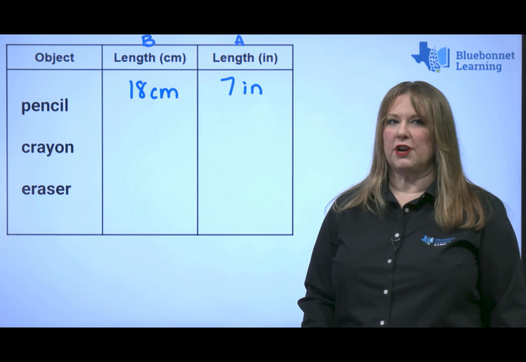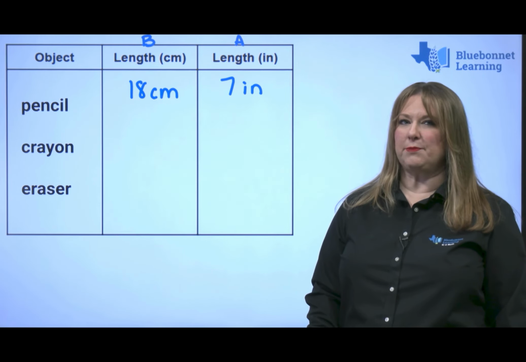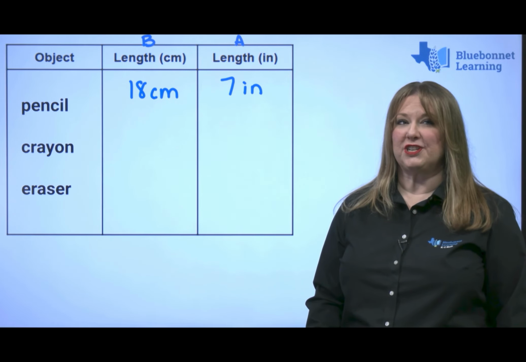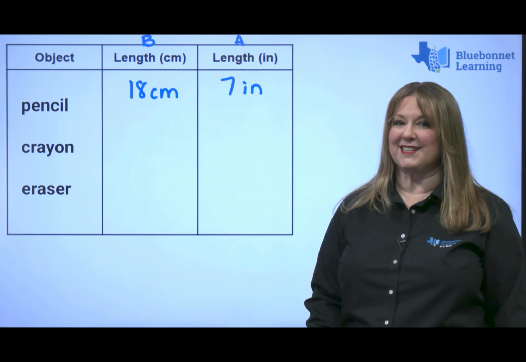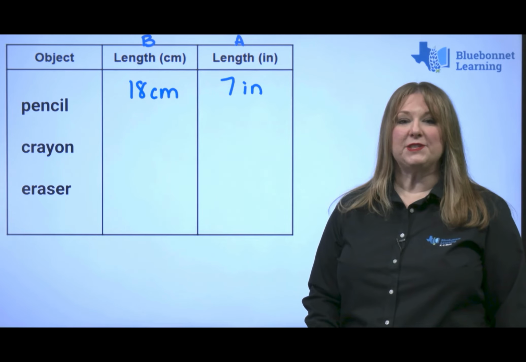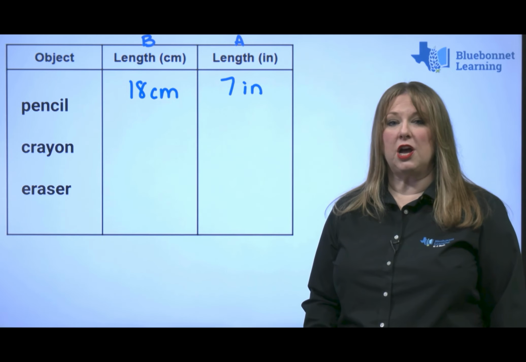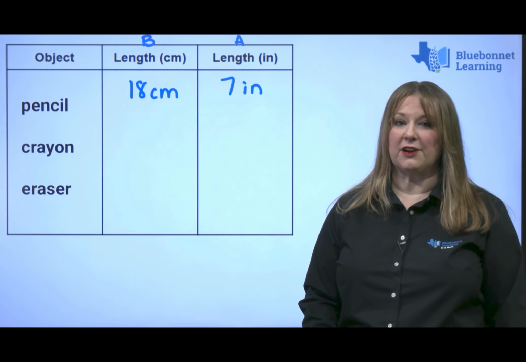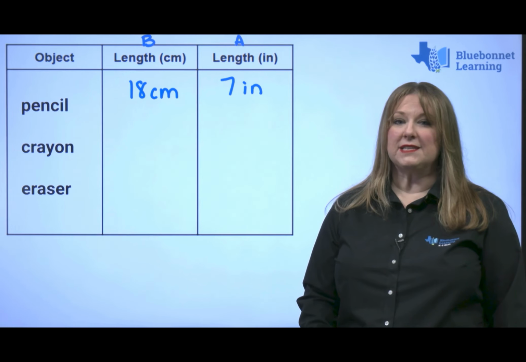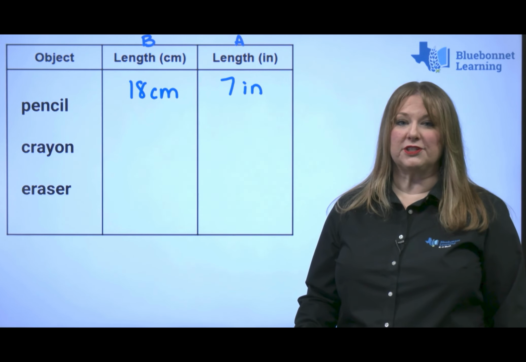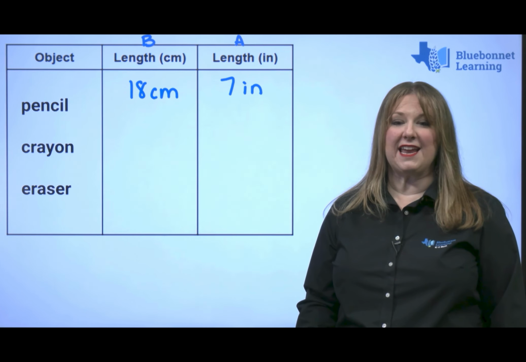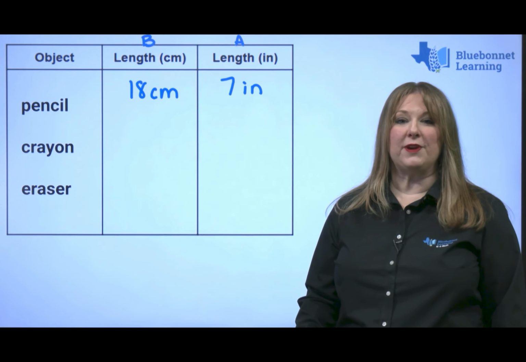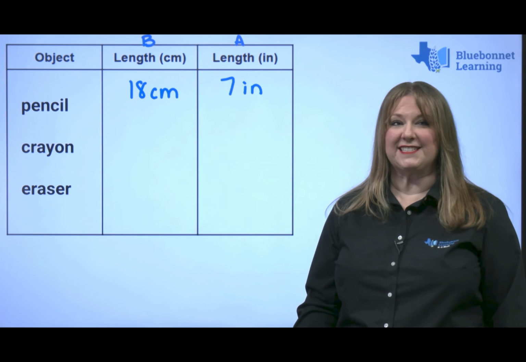Which is longer, a unit of 1 centimeter or 1 inch? Turn and talk to your partner. That's right, 1 inch is longer than 1 centimeter. So that means we need more centimeters to measure the same thing as opposed to if we were measuring in inches.